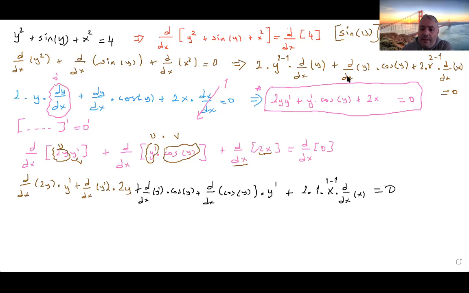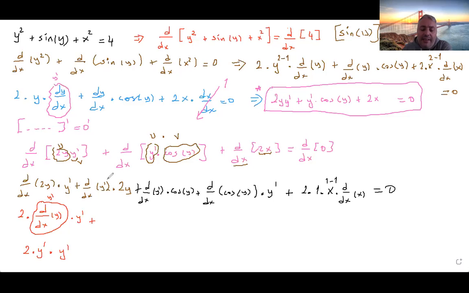Now, here be careful. What is the derivative of 2y? 2 is a constant, so take it out. What is left? d/dx of y. Do you know what d/dx of y is? Isn't it dy/dx, which is y prime? Yes? So can I say 2 times y prime times y prime, since this y prime is here?